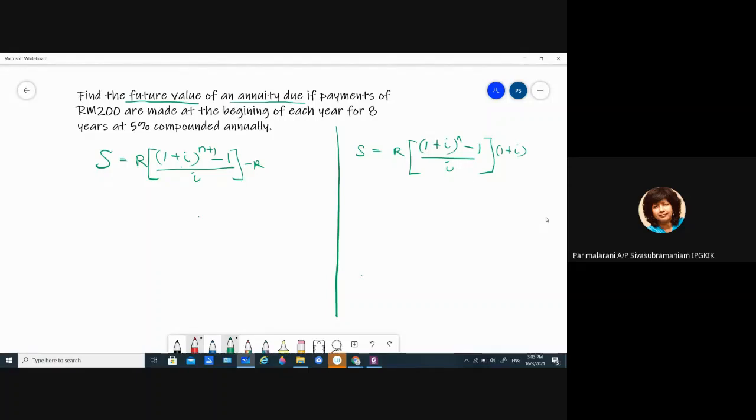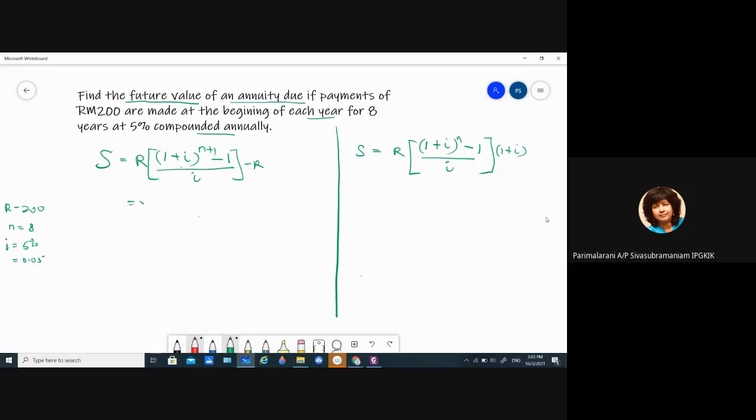So we can use either of the two formulas. Let's try the first formula first. What is given here? We know that R is 200 and payments are made every year for 8 years, compounded annually. So n is 8. i is 5% over 1, so this is 0.05.